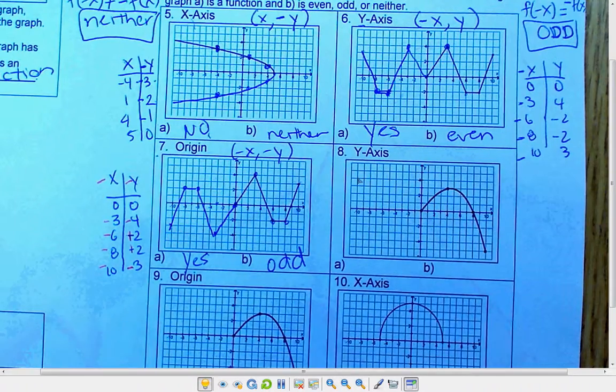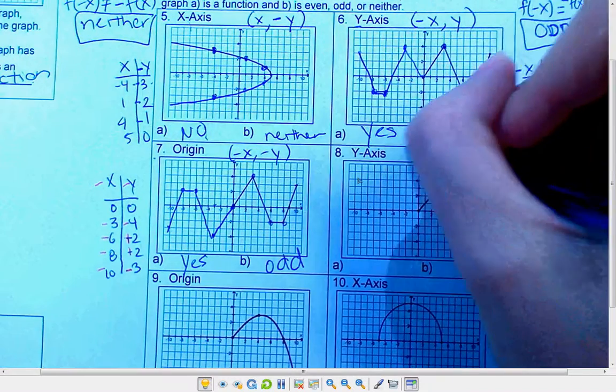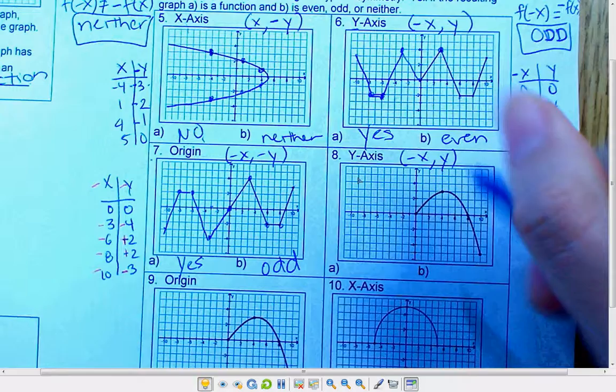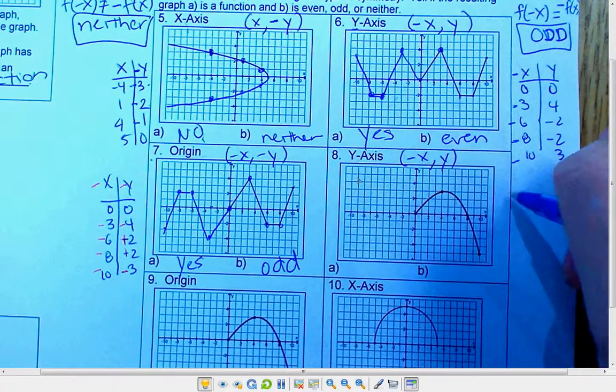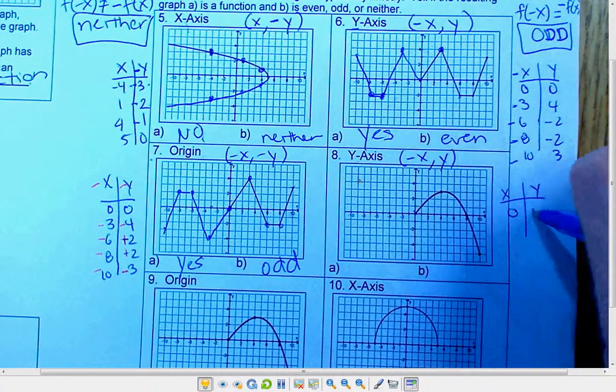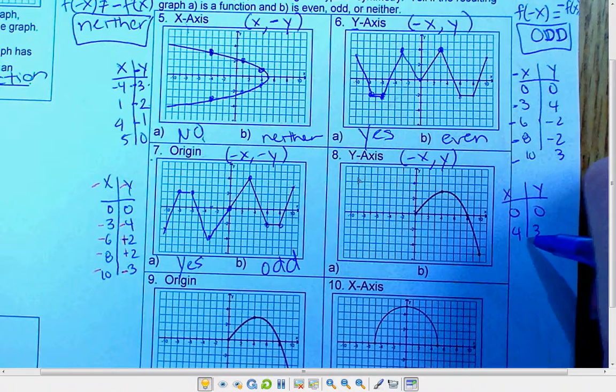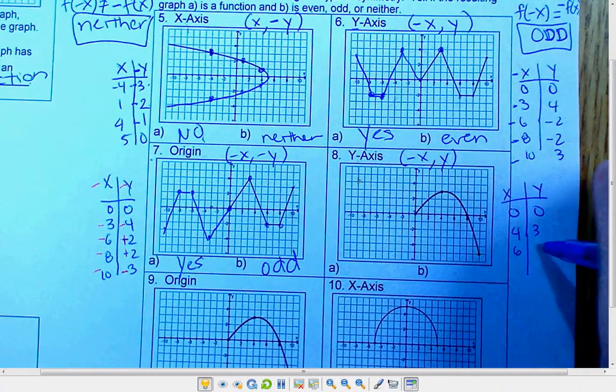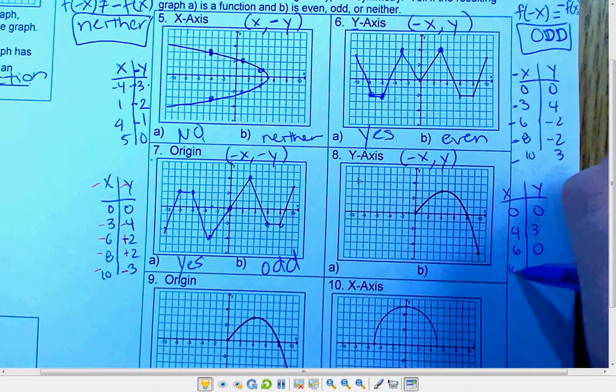Okay, let's do number 8. So for number 8, y-axis, again, we're changing our x's. My points here are 0, 0, 4, 3, 6, 0, and 10, -5.